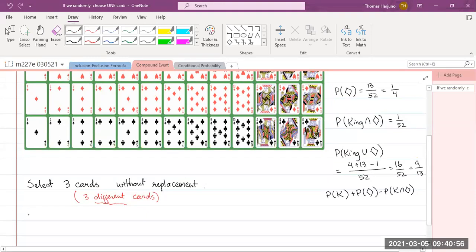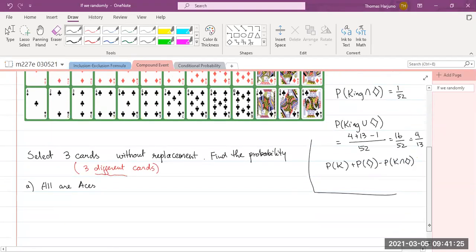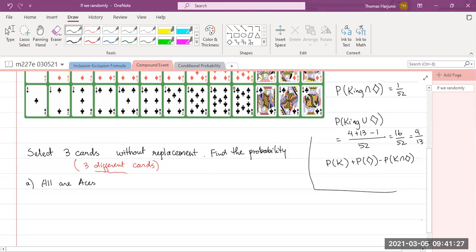And the first question: find the probability that, part A, all are aces. Find the probability that all of them are aces.